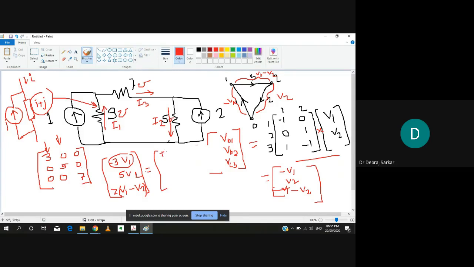So this would be I1, I2, I3 plus J. Can you tell me what would be the J? 1, 2, 0.